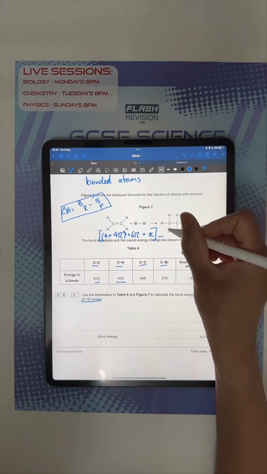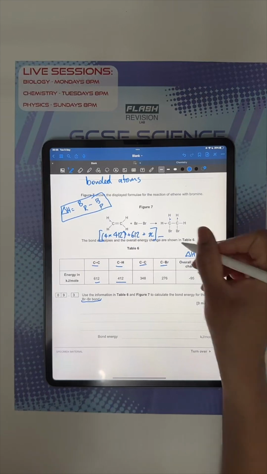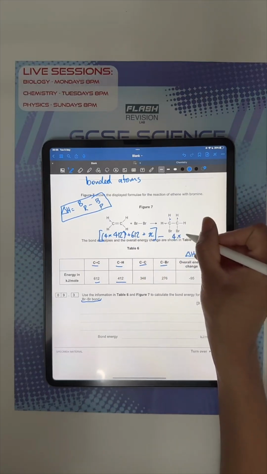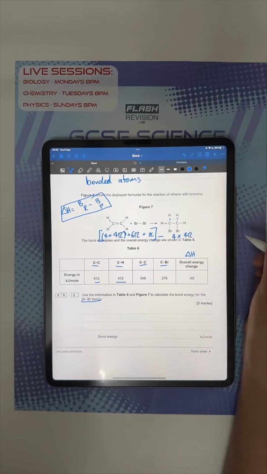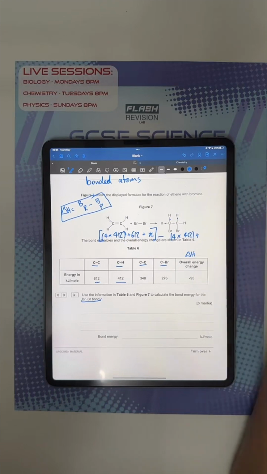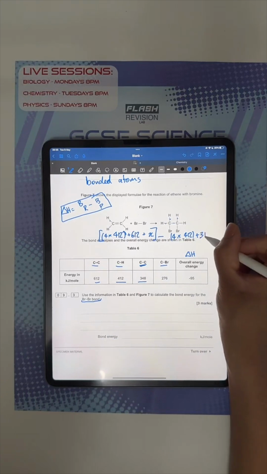So how many CH bonds do we have? We've got 1, 2, 3, 4 CH bonds. So 4 times 412, plus we've got a CC bond here. This time it's a single CC bond, so we use this value, 348.